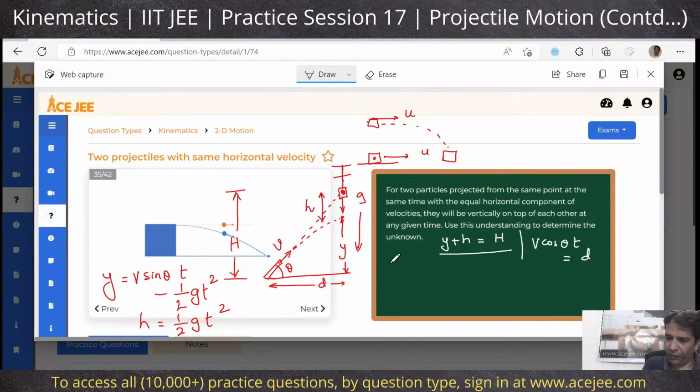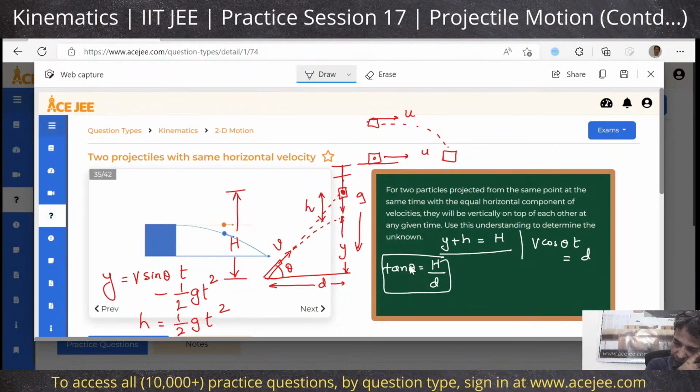And what we are already given is that tan theta is H by d, because remember the gun is pointed in the direction of the object. So tan theta is H by d, that's given.